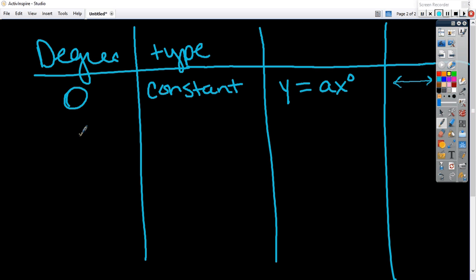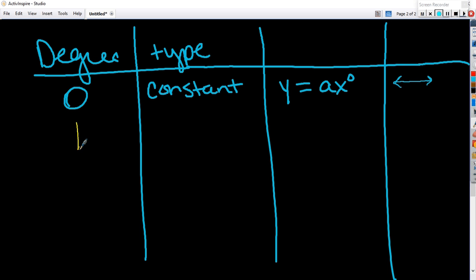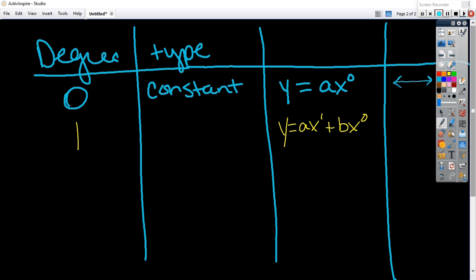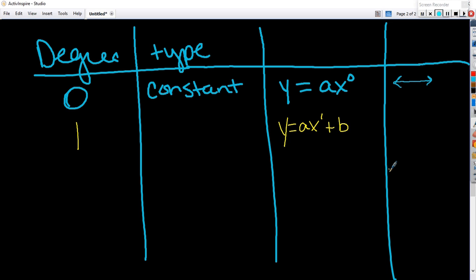All right, let's take it up one. If you have a degree of 1, so now I'm talking about ax to the 1 plus bx to the 0, you just have x, and I don't really even need that x to the 0 there anymore. So what does that look like?